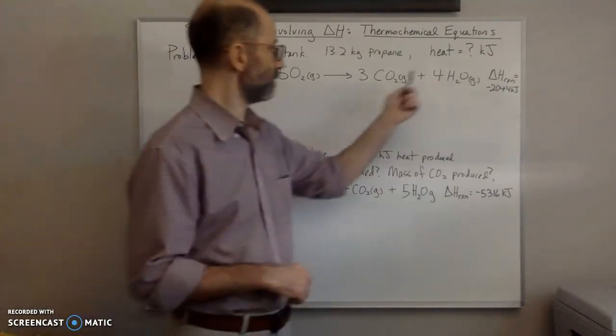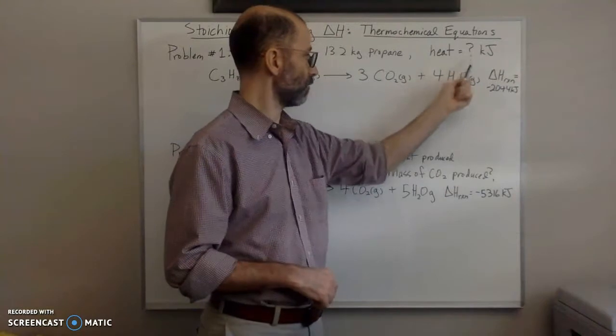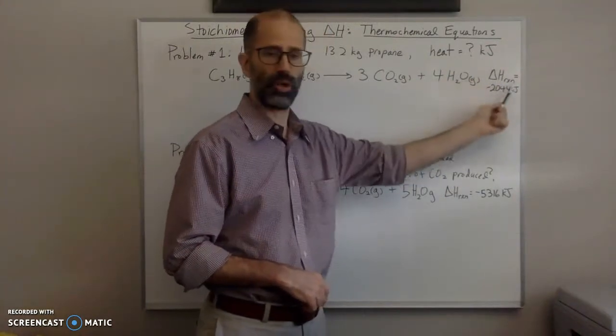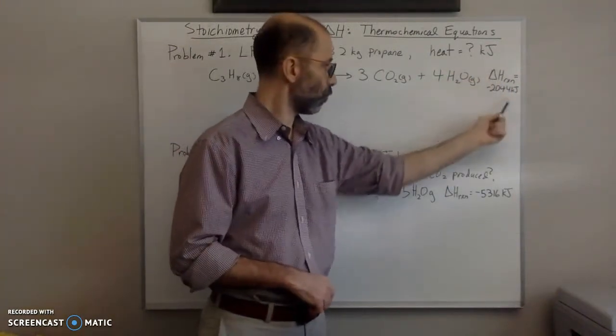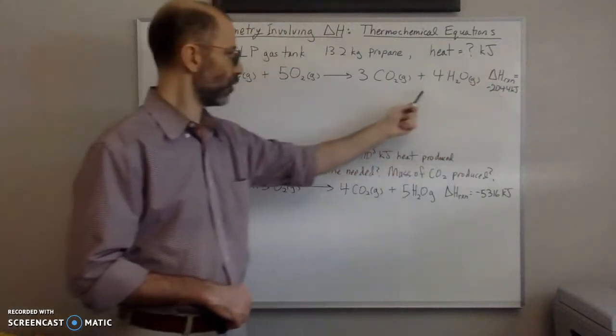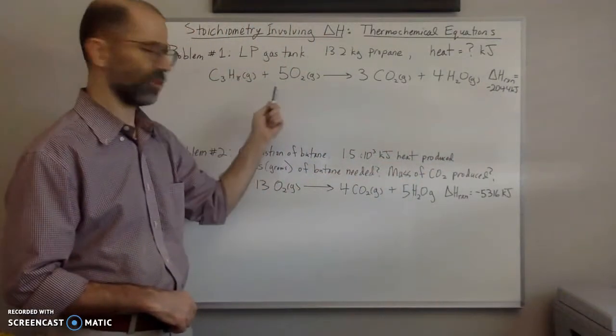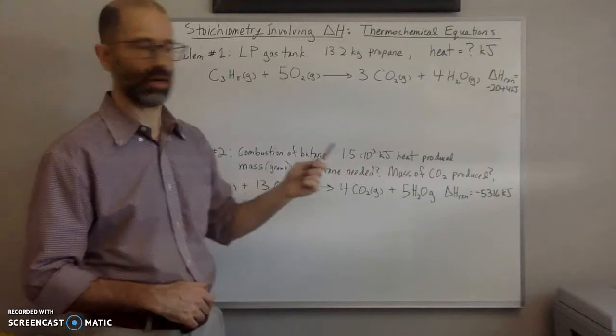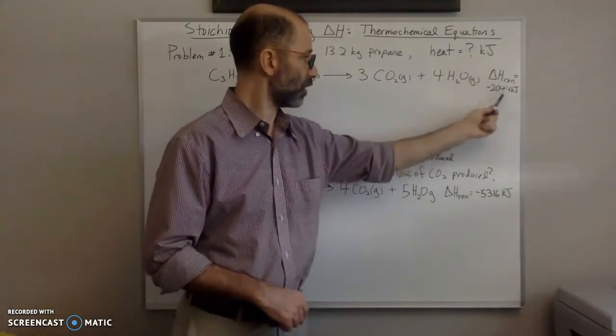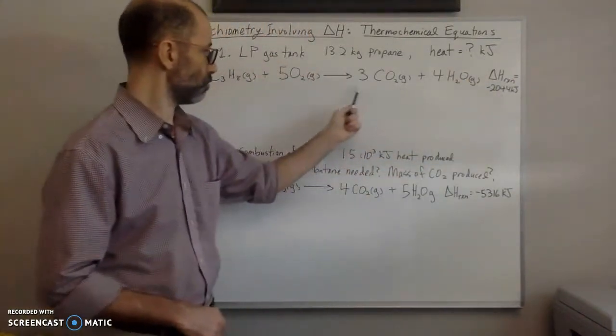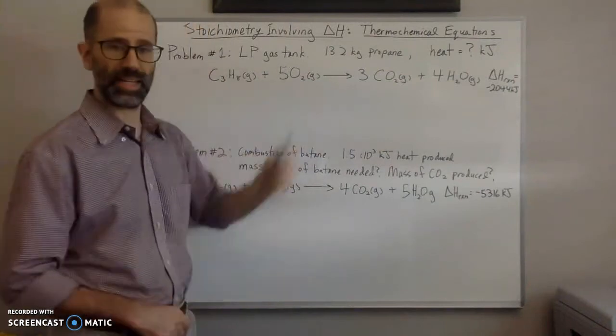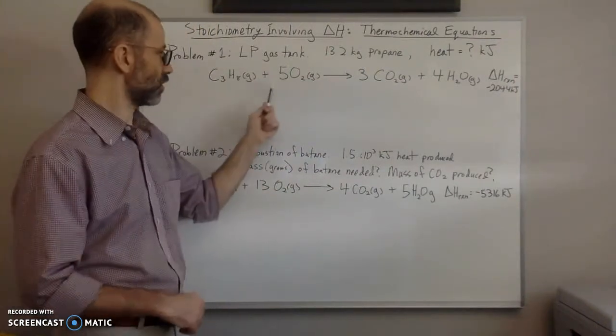Because they want to know the amount of heat, you're going to have to use the stoichiometric amount of whatever amount they give you, using that in conjunction with the coefficient. So you can convert from an amount of kilojoules to moles of anything in the equation.